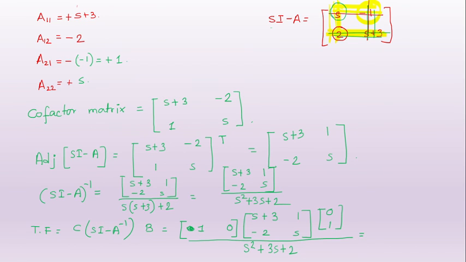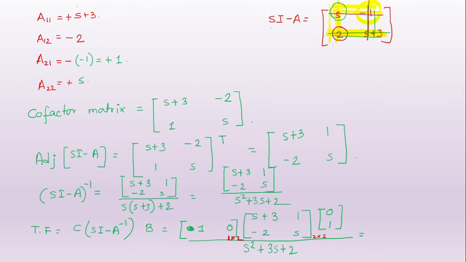As C is a 1 cross 2 matrix and this is a 2 cross 2 matrix, if we multiply, it will be a 1 cross 2 matrix.